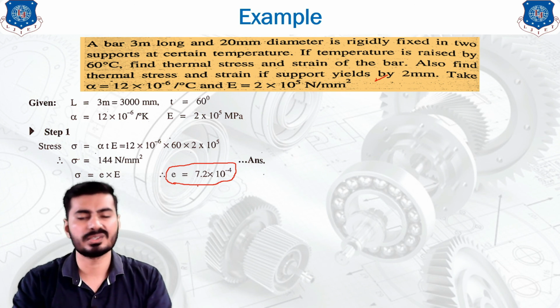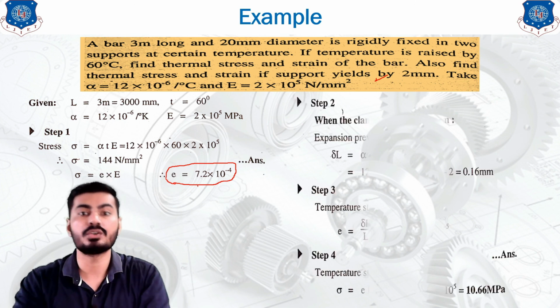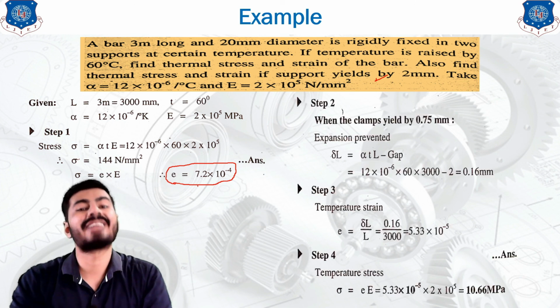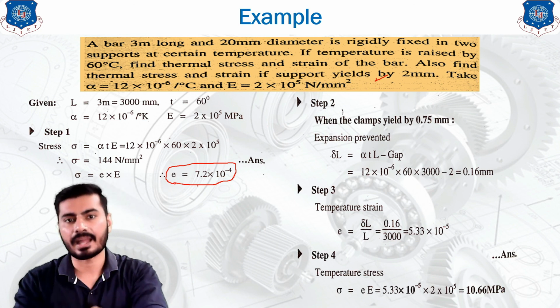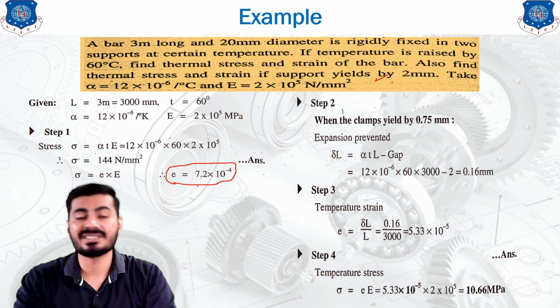Now we will move on to the second case, when the supports were yielded by 2 mm. So a 2 mm gap is provided. As I said, whenever a gap is provided, you have to subtract that gap from the free expansion.